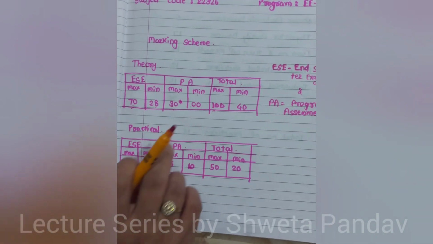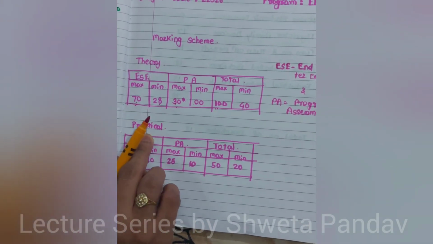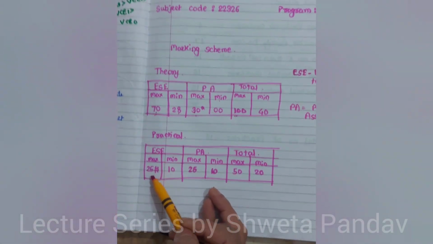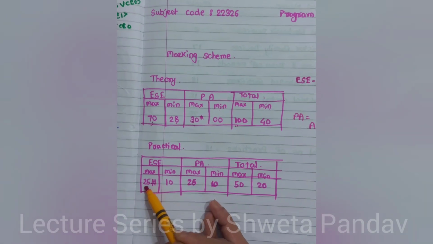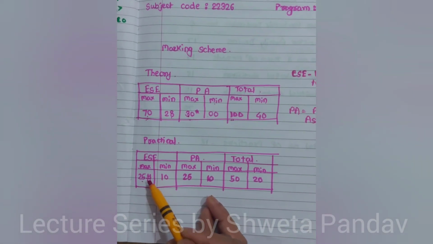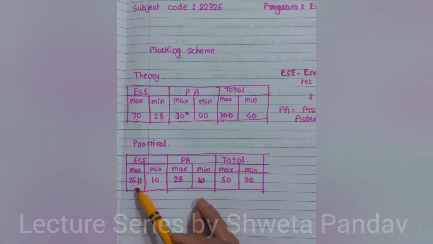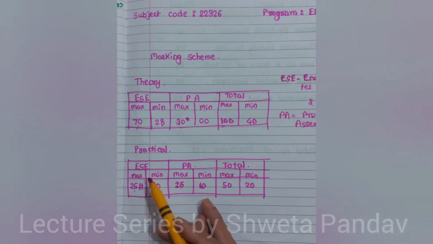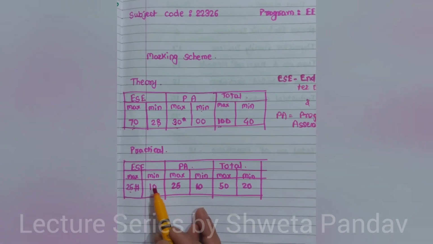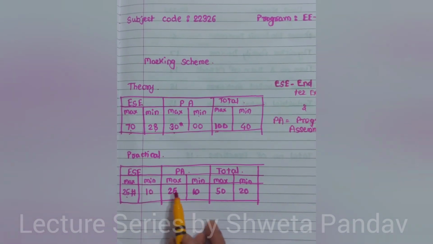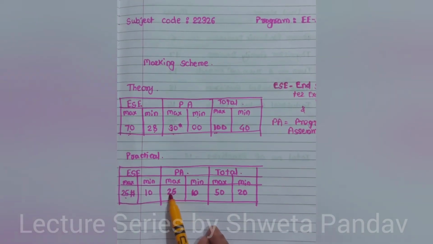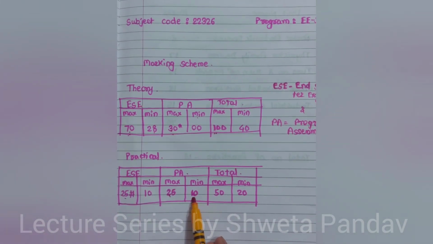The same marking scheme applies to the practical paper. For practical ESE, the maximum is 25 marks. The hash sign indicates that this subject has an oral, or external exam, and the minimum is 10 marks. For practical PA, the maximum is 25 and the minimum is 10.